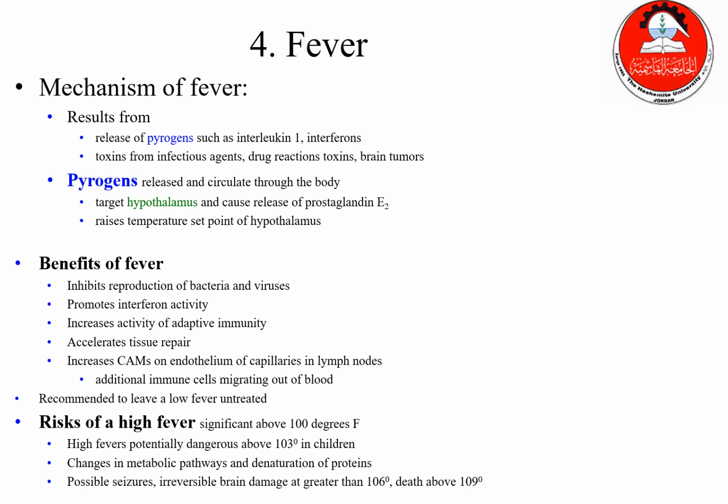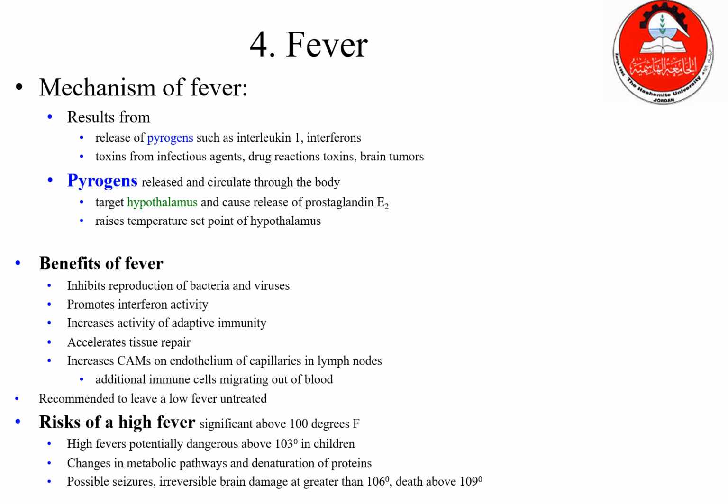Increases the activity of the adaptive immunity. As we always say, the innate immune system and the adaptive immune system work together in collaboration. So one of the triggers for the adaptive immunity to become activated is via fever. Accelerates tissue repair.